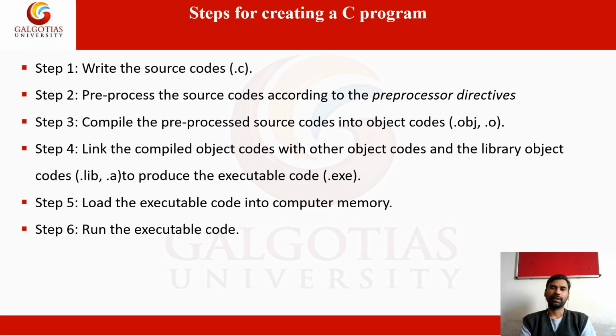So how do we create a C program? The steps for creating a C program. The file extension of a C file is .c. This is where we write the source code. It is called source code, and you save the file with the extension .c.